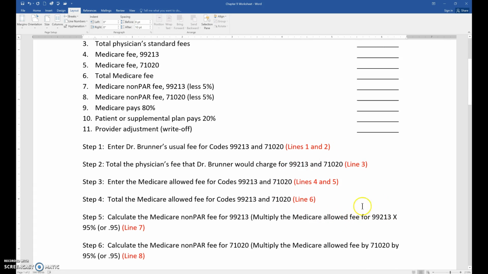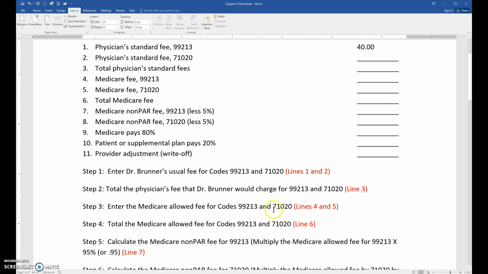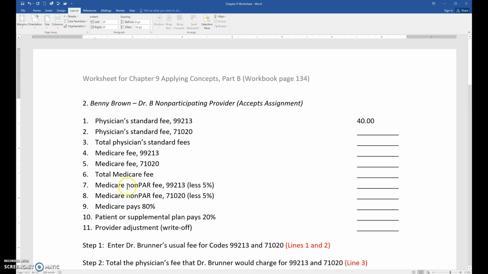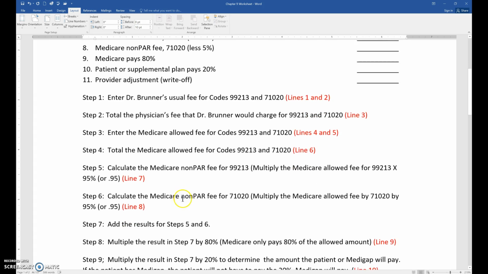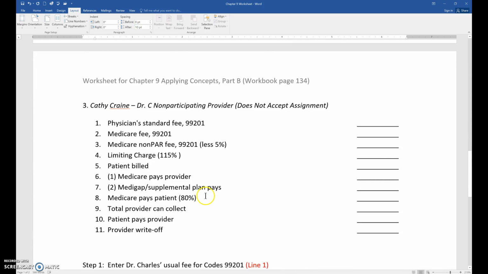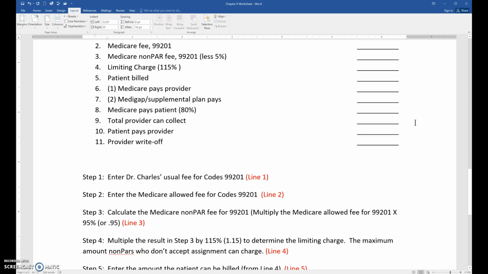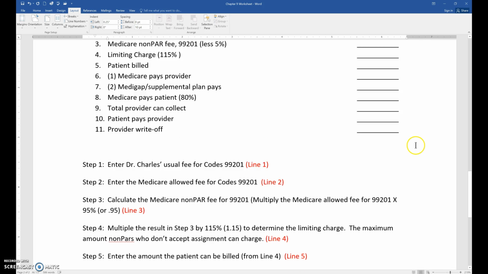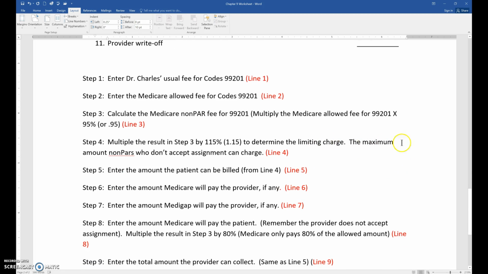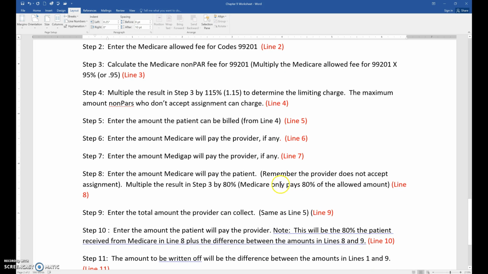Okay. So follow the steps, and in red I have put the lines on which you're going to write the answers for those steps. I have done the same thing for number 3. When you put in your answers, just highlight the line and type your answer, and that will prevent the lines from moving around and causing confusion for you. So be sure to do that. And I have also given you step-by-step instructions.